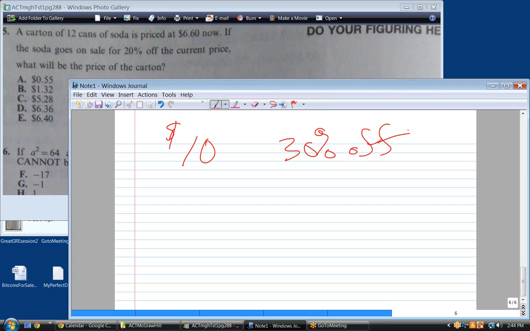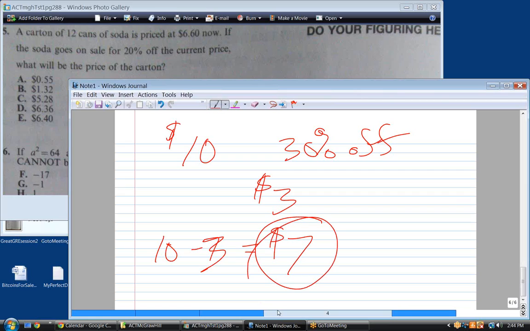Two ways to do it. I can take 30% times 10, that's $3. Since $3 is coming off, it's 10 minus 3, or $7. So that's the most straightforward way to do it.